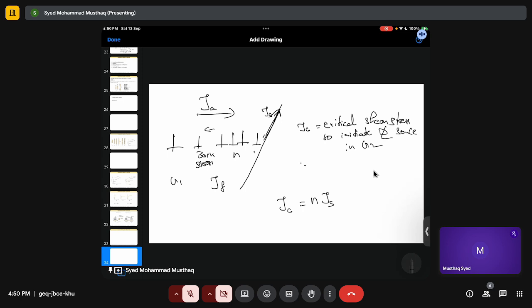Now, what is my resolved shear stress? It is equal to the applied shear stress minus the lattice one, the frictional stress. Now, what is my shear strain?